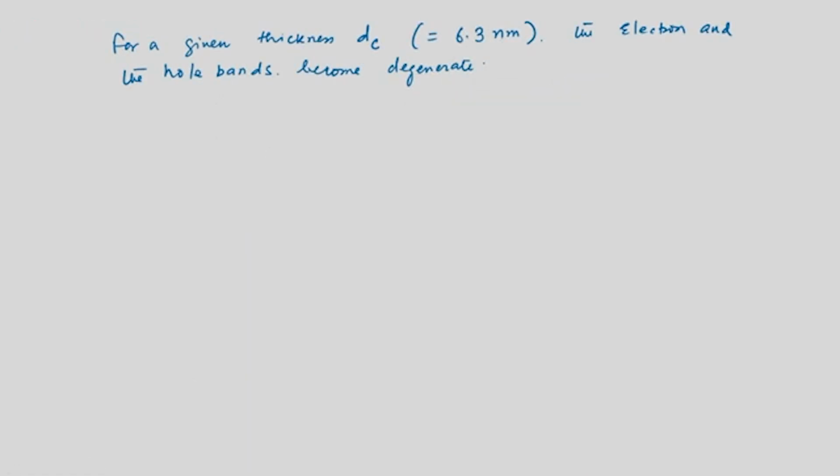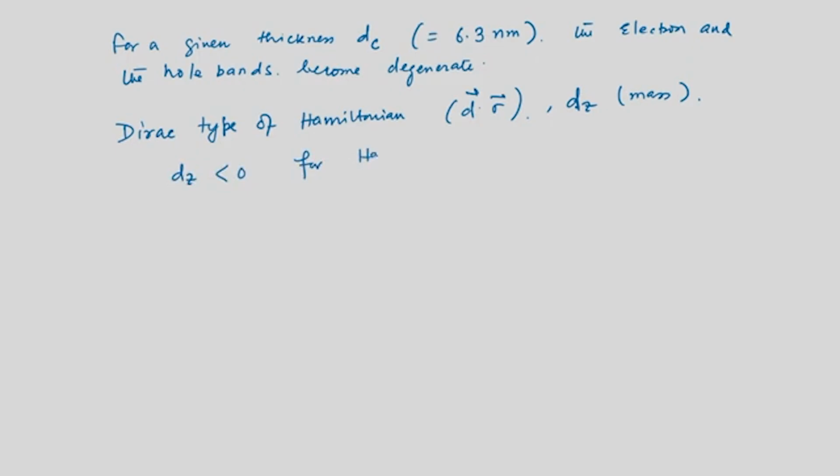So that tells you that if you think in terms of a Dirac type of Hamiltonian, this is like a d dot sigma, then d_z, which is the mass term, is less than 0 for HgTe, which means it's negative, that's why the inverted band structure comes, and d_z greater than 0 for CdTe.